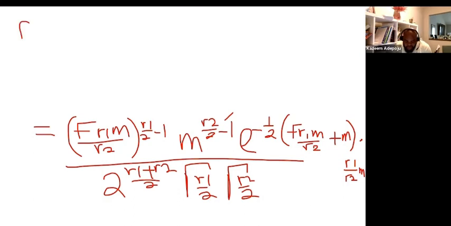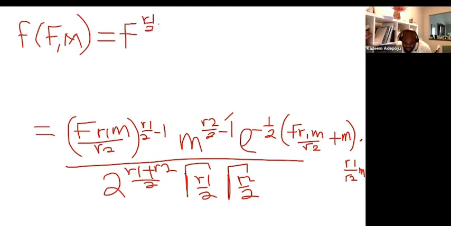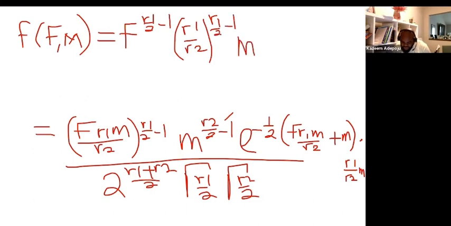Okay, the F of F and M equals, now you just need some, here, F raised to power R1 over 2 minus 1. R1 over R2 raised to power R1 over 2 minus 1, then M raised to power R1 over 2 minus 1.